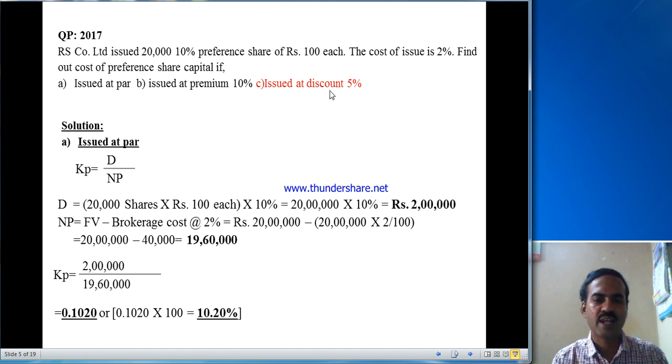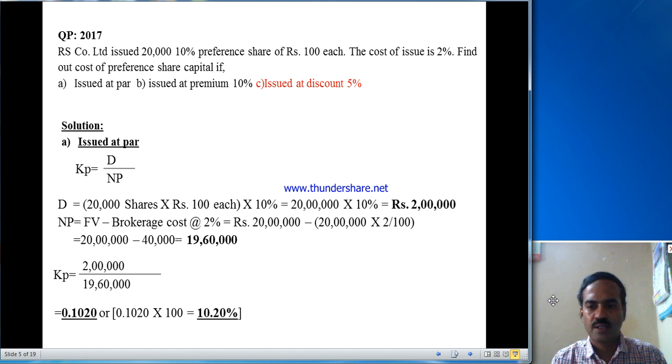I have added this so that students can understand very easily how the cost of preference share is calculated even when the preference shares are issued at a discount. Now let us see how the cost of preference share is to be calculated when the preference shares are issued at par.